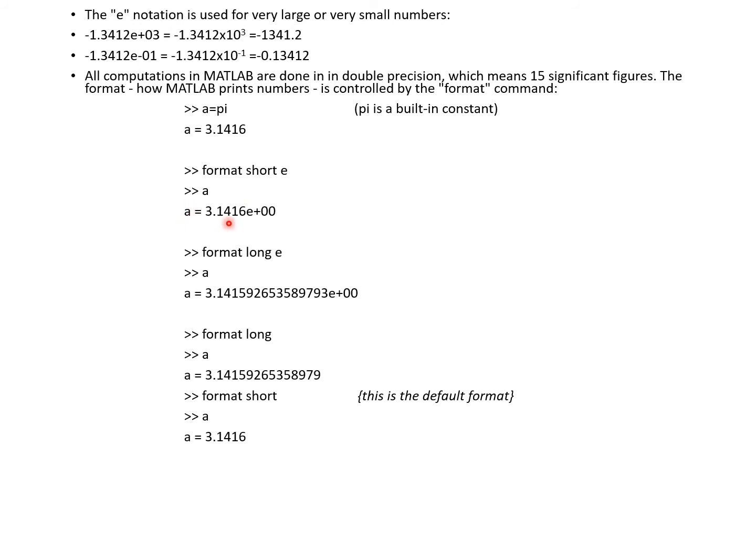And the answer will be like this: 3.1416 E raised to 0. If you type in format long E, the answer will be like this, up to 15 significant digits. If you type in just format long, it will just give you this without the E. If you want format short, it will just be the default setting.